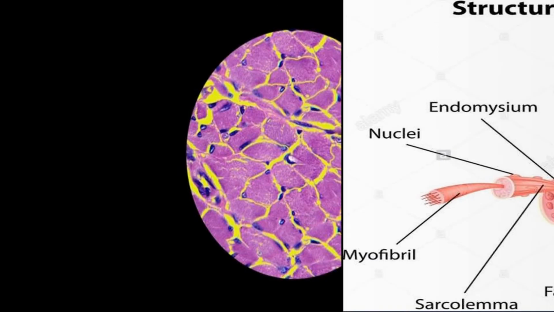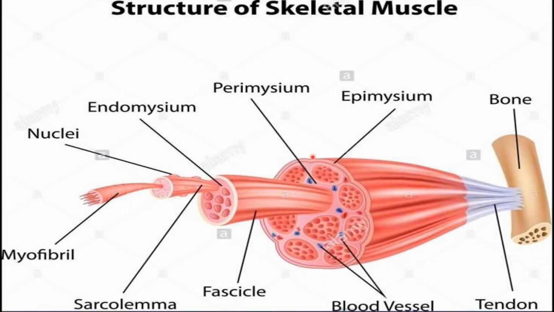If you see this picture, this is the whole muscle mass. This layer is the connective tissue layer which covers the entire muscle mass. It is called epimysium. Epi means outside. Then this white layer encloses the bundle of muscle fibers or the fascicle, which is called perimysium.